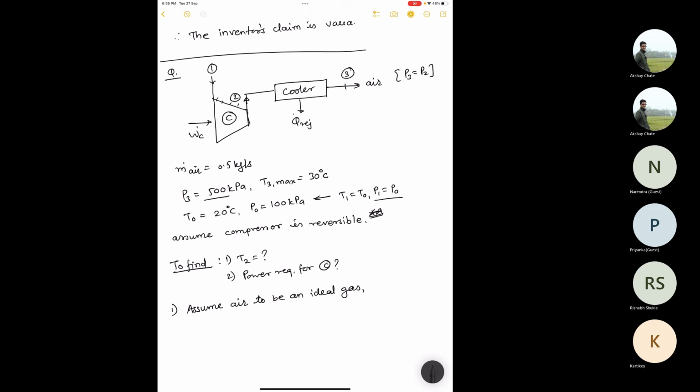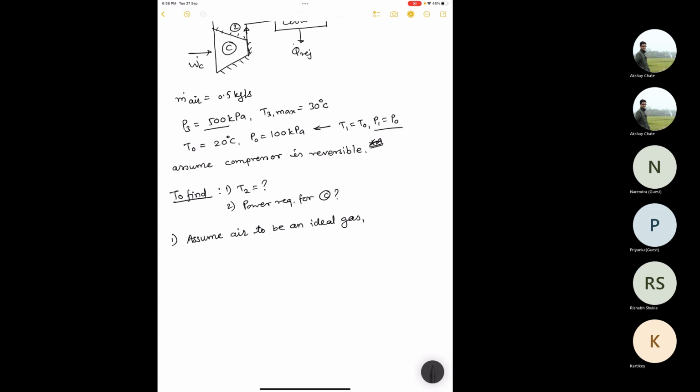So you can assume this is adiabatic also. So it is a reversible adiabatic, so basically it's an isentropic compression. So air is an ideal gas undergoing isentropic compression.